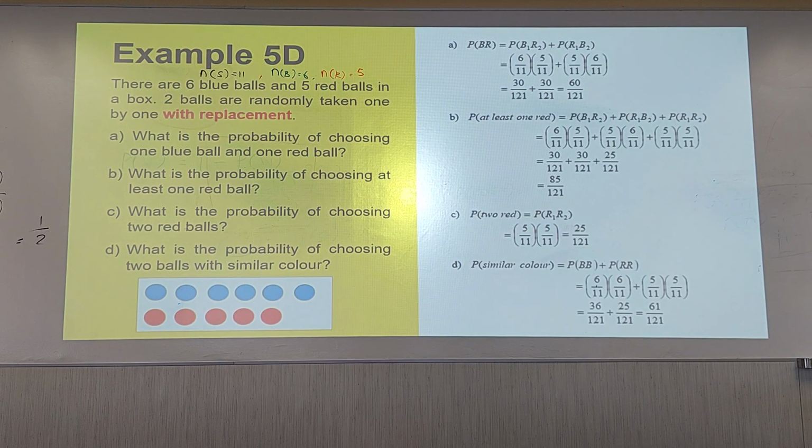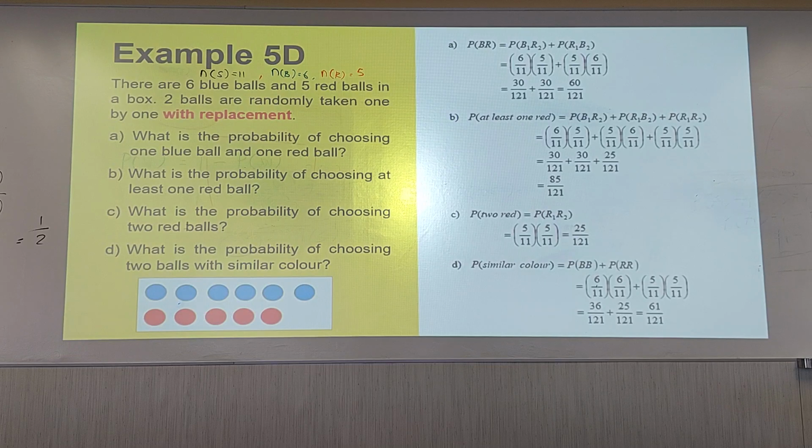Red color, I jot down. This is the first ball that I chose, so I jot down the color is red, then I return. Return means I replace the first ball in the box again. After choosing the first ball, you return, then choose the second ball.